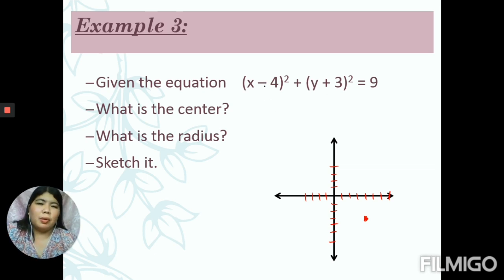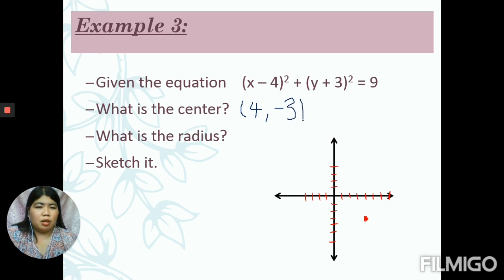So, sabi ko nga, pag kinukuha yung center, yung pinakamadaling paraan, shortcut, ay kunin nyo lang yung kabaliktaran dito. So, ang center natin ay, dahil negative 4 doon, positive 4 yung ating H, at yung K natin, dahil positive 3, negative 3.